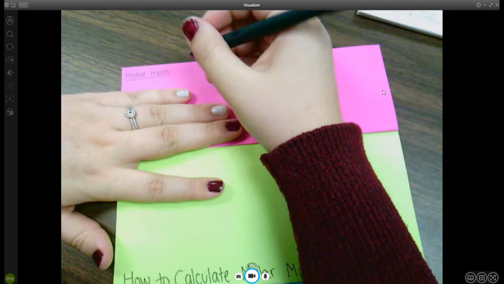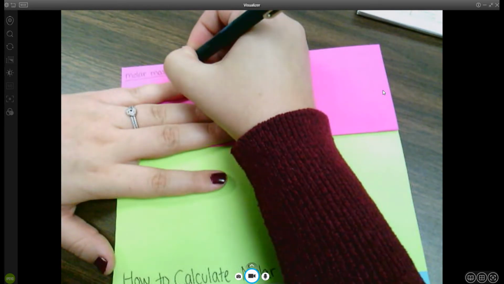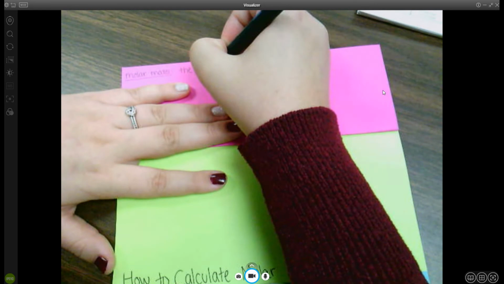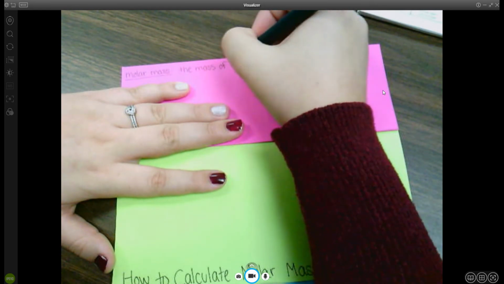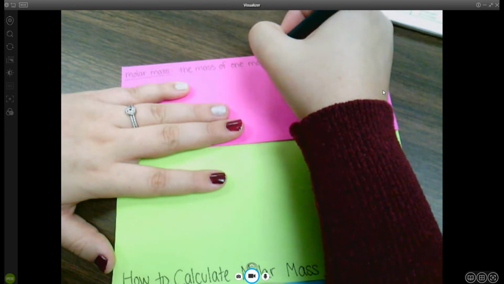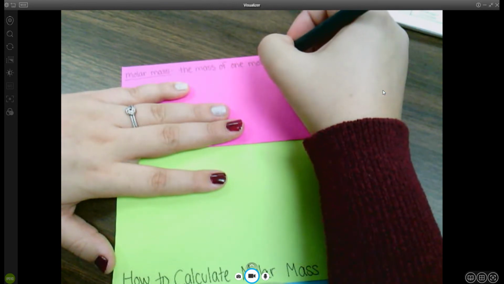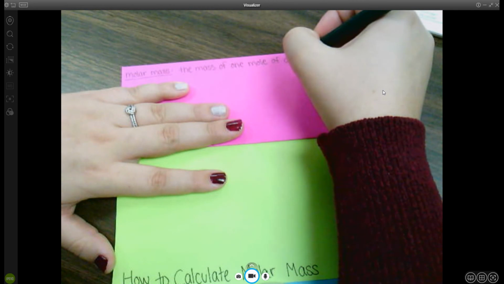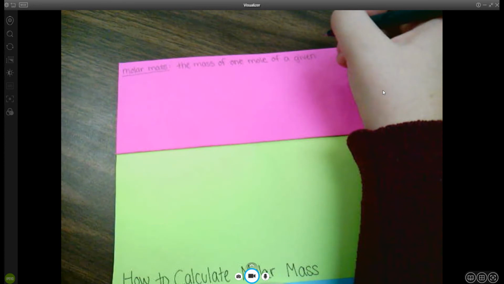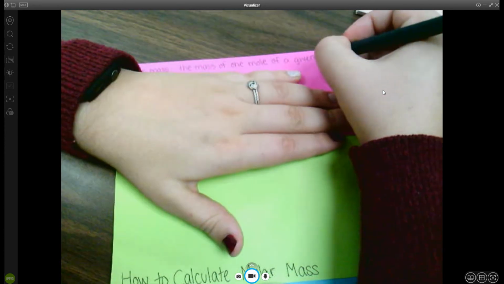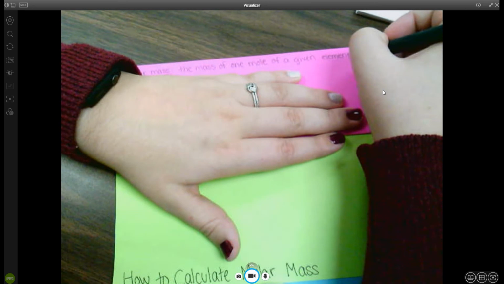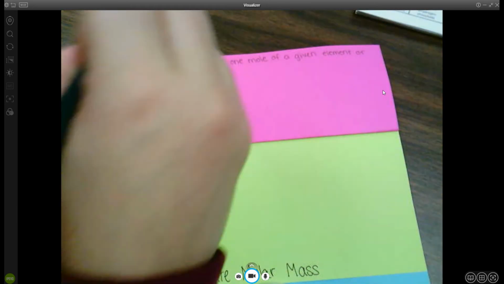So molar mass is the mass of 1 mole of a given element or compound.